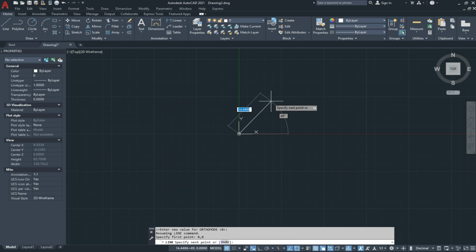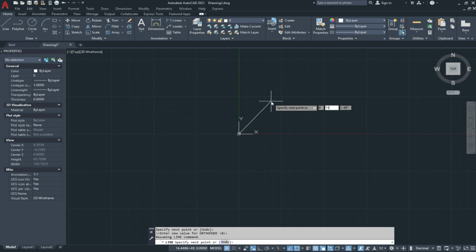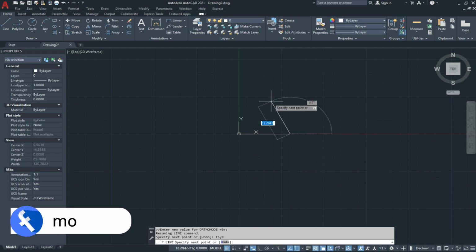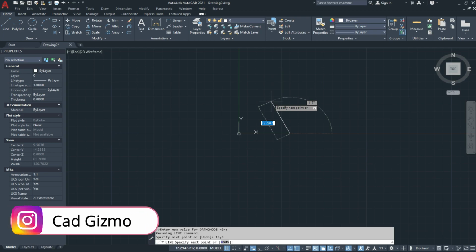Now our coordinate line start. Now we give the value with the hash 15, 0. Now this line is 15 points in x-axis and 0 point in y-axis.